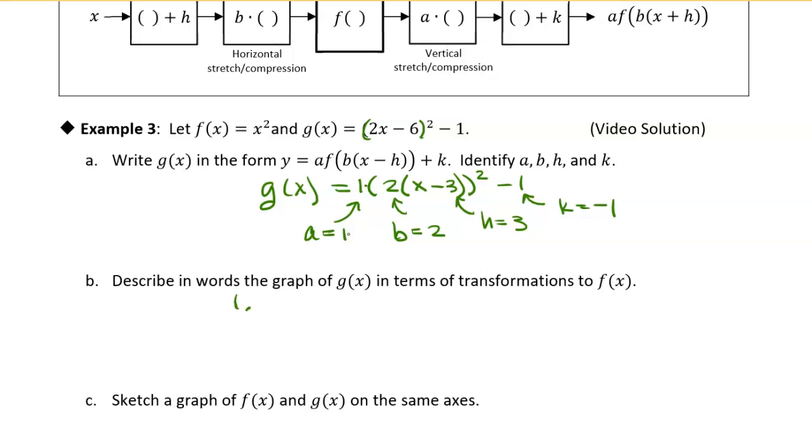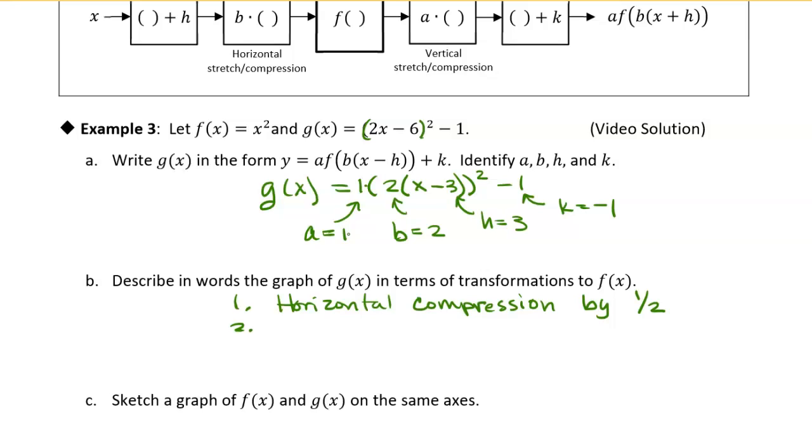So we're going to have a horizontal, in this case it's a compression, by a factor of 1/2. Remember, it's 1 over b. Those inside changes are a little counterintuitive. So it's 1 over b, and it's a horizontal compression.